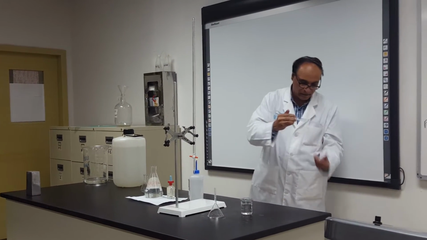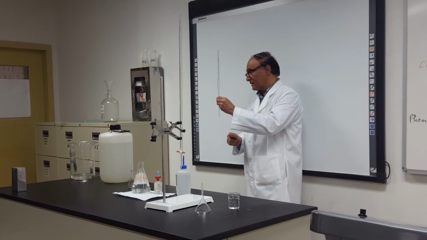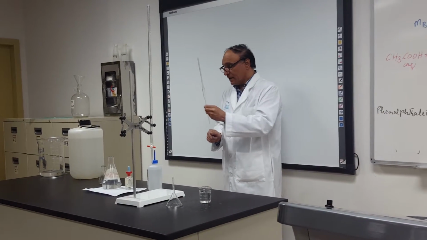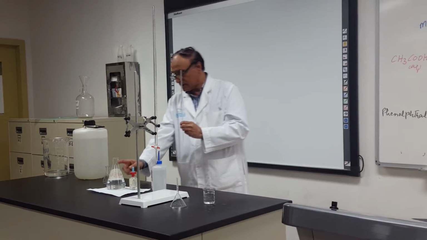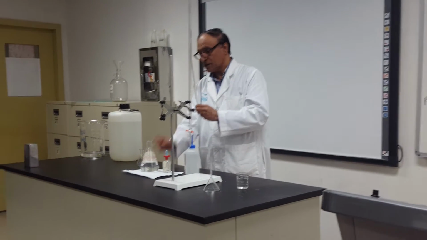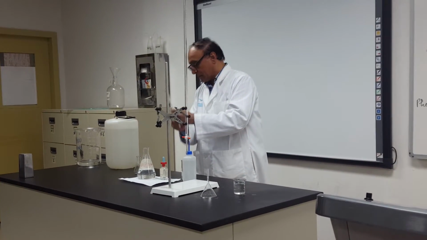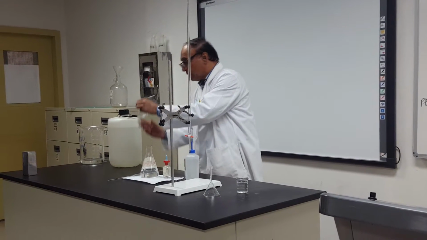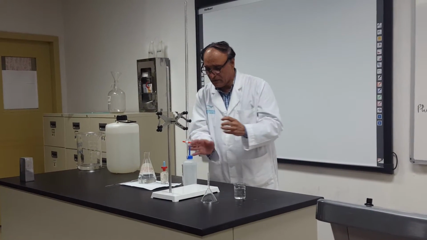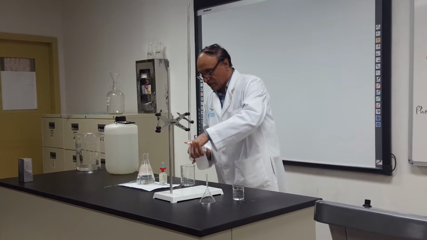This one, and remove the water. This is washed with this one. Right? I will also wash it with this solution, because there is some water. This one is already washed and I will wash it with the distilled water.